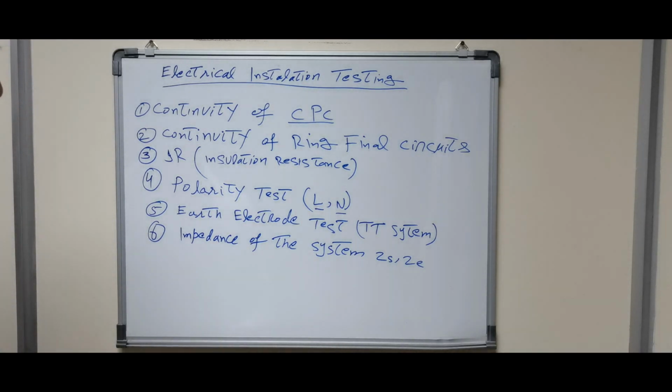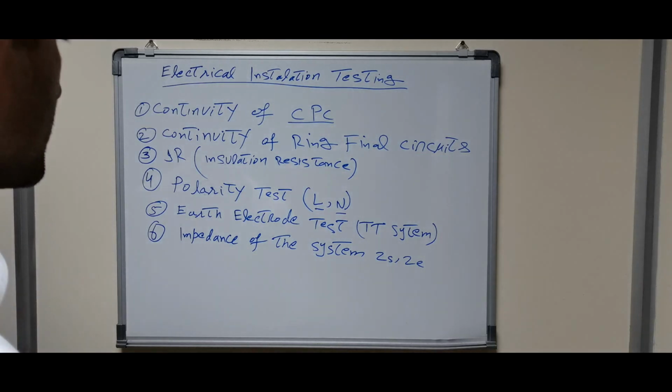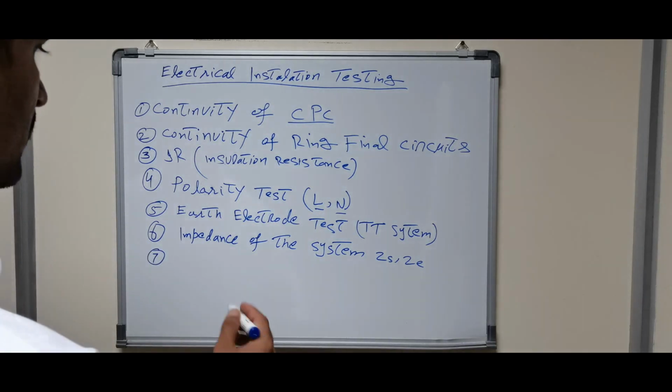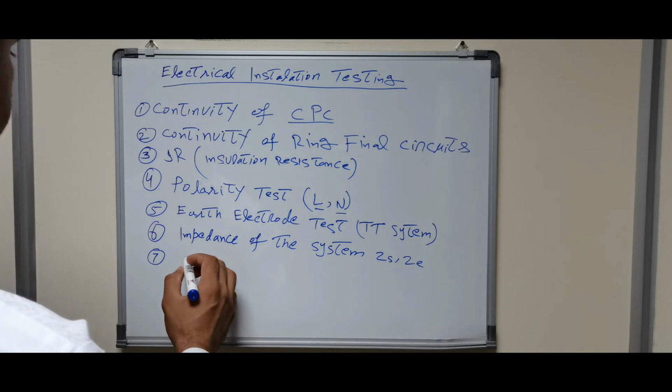So if the impedance of the circuit is within the limits, at that time our protective devices operation will be good. Otherwise, our protective devices will misbehave and we cannot get the desired result from our protective devices.